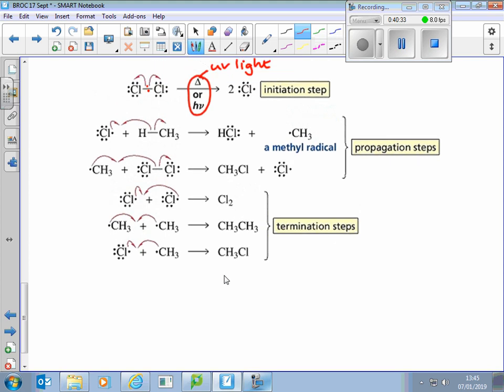The second and third lines here are our propagation steps. So we've got our chlorine radical giving up its unpaired electron. Well, not so much giving it up, but using it to join with a single electron from the bond between CH3 and H in the methane. This is CH4 here.